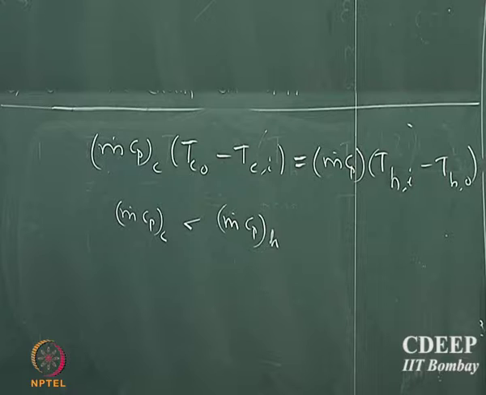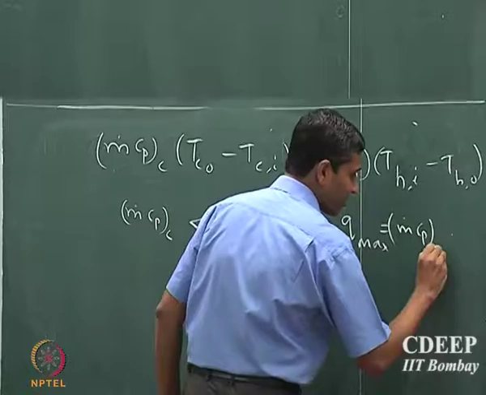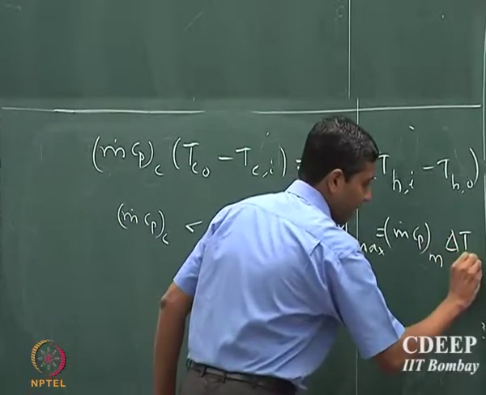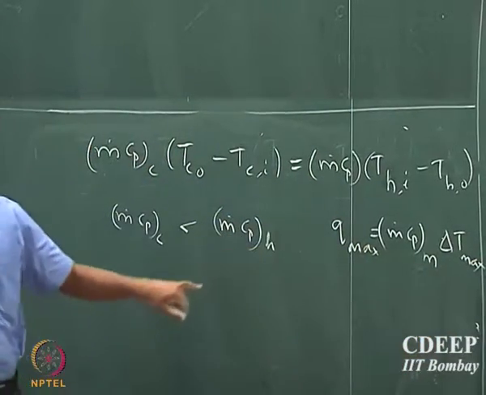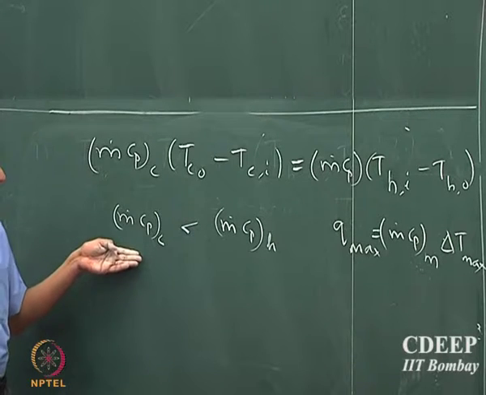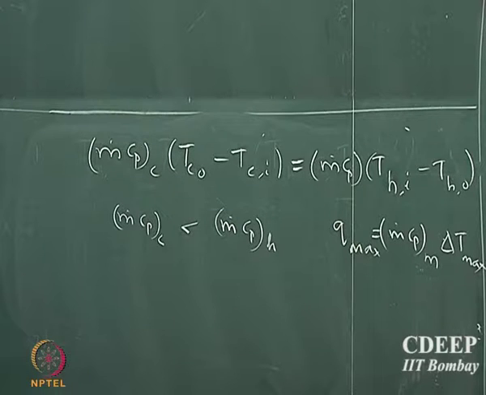Okay. So Q max is m dot Cp of that stream, I call it m, let's say, times delta T max. So the exercise is to find out which stream is going to theoretically achieve the maximal temperature difference. How do we find this? So if m dot Cp of C is less than m dot Cp of H, which one will have the maximal temperature difference?